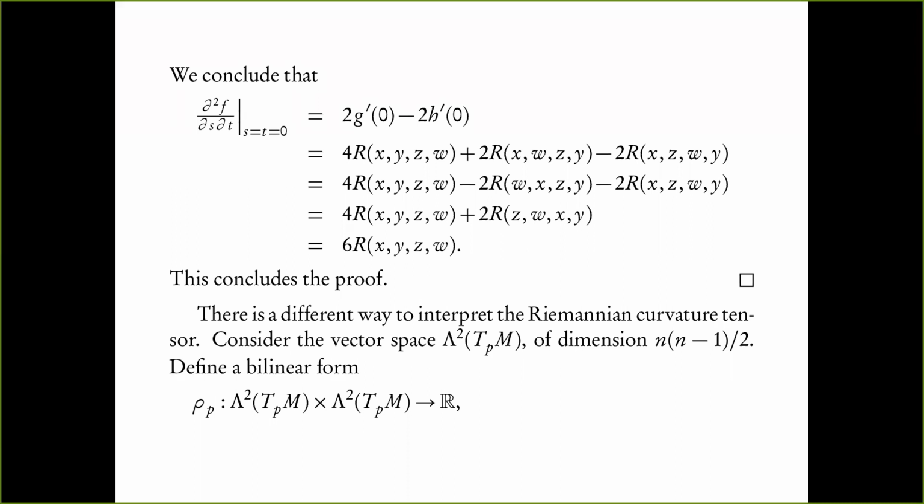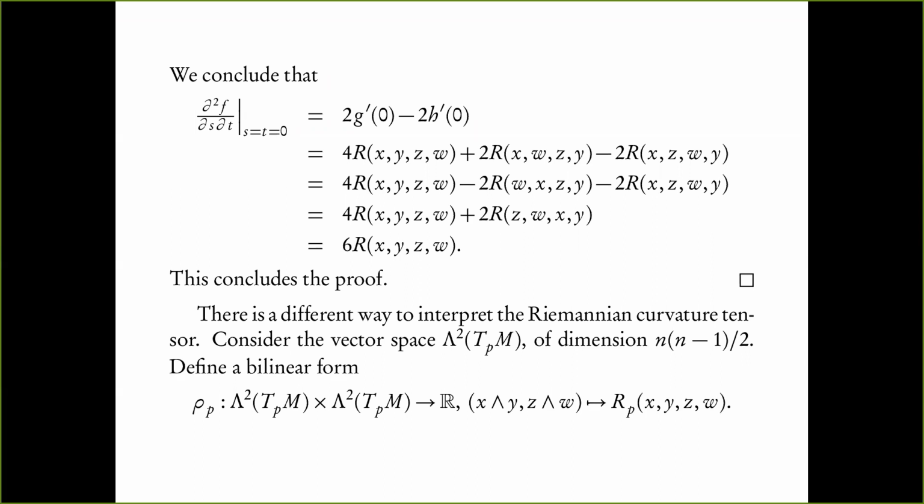Here wedge literally means (X tensor Y minus Y tensor X) divided by 2. Same with the other factor, it looks like Z wedge W. So you can take this to be a definition: take X wedge Y, take Z wedge W, and send it to the Riemann curvature associated to X, Y, Z, W. That's it. This is almost tailor-made for the Riemann curvature to appear.